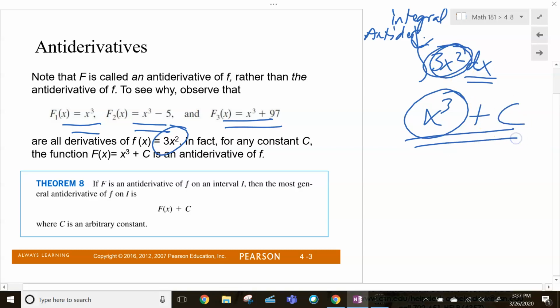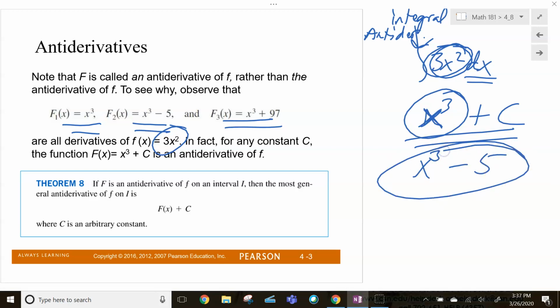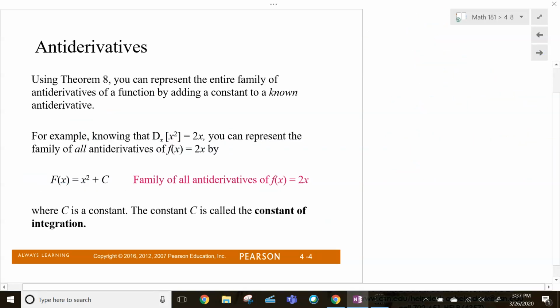So here's the family of functions where, when I take the derivative, I could have x cubed minus 5, and I know its derivative is 3x squared. So the antiderivative of 3x squared is x cubed plus any constant. Can you think of another one whose derivative is 2x?